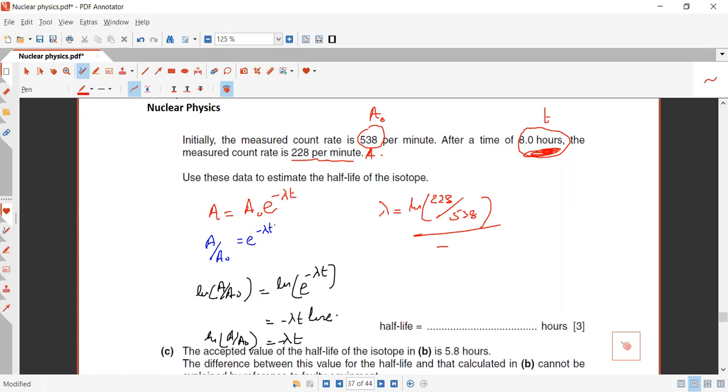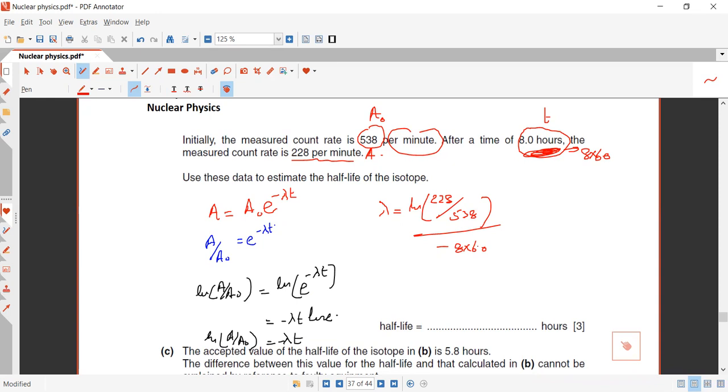We have to convert it into minutes first because the count rate is given per minute, right? So it will be 8 times 60. Let's calculate it. Take your calculator: 228 divided by 538, and take the natural log of that.